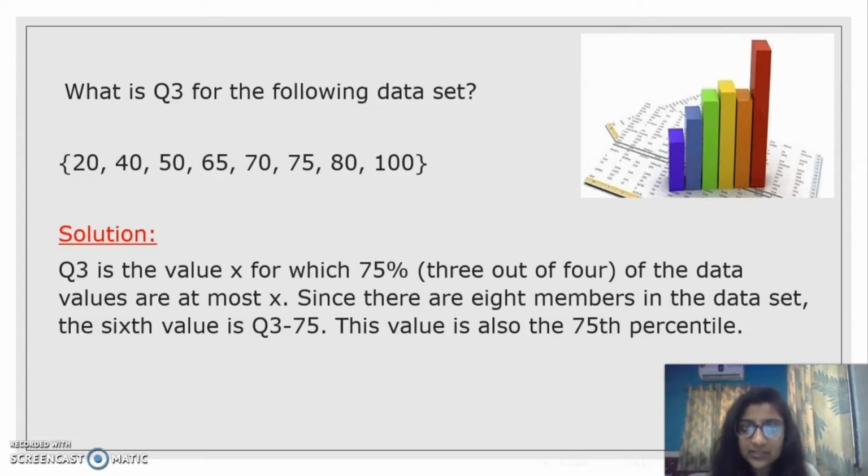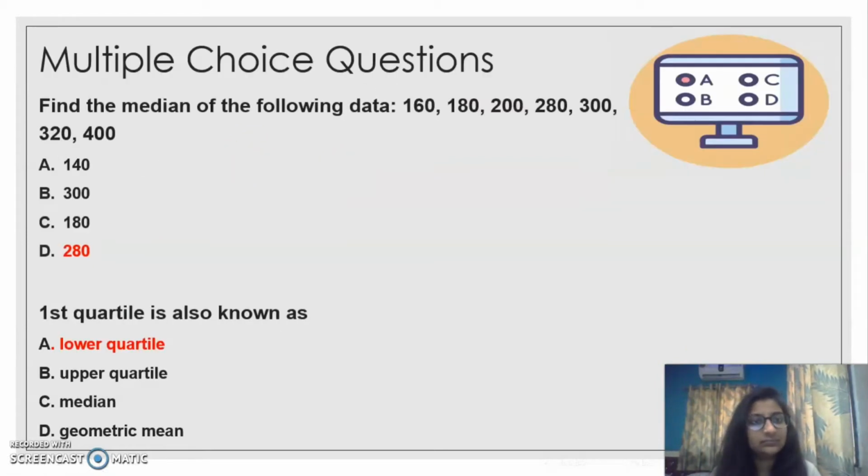Remember these things, and moving forward you will have to apply those. So here this will be your Q1, this is your Q2, this will be your Q3. The value present here is 75%, so your Q3 is 75. This value is also the 75th percentile.